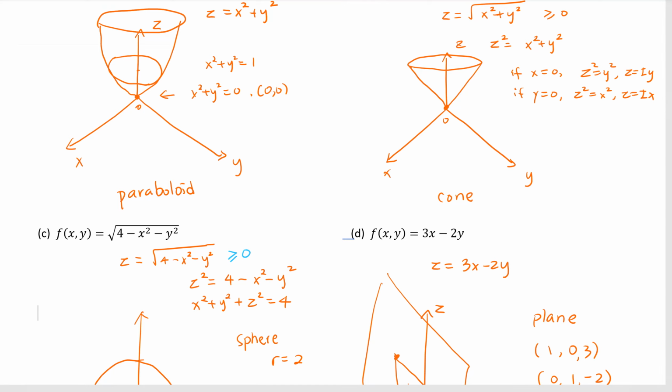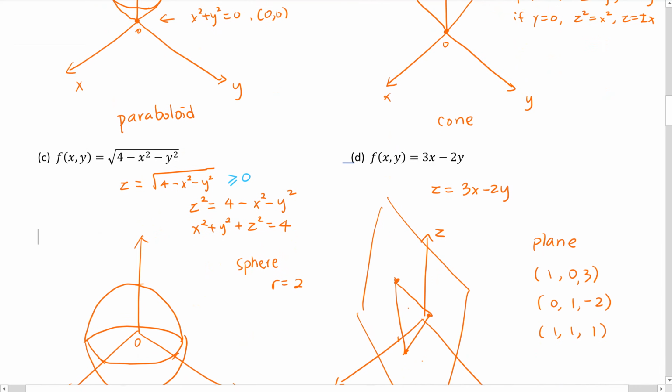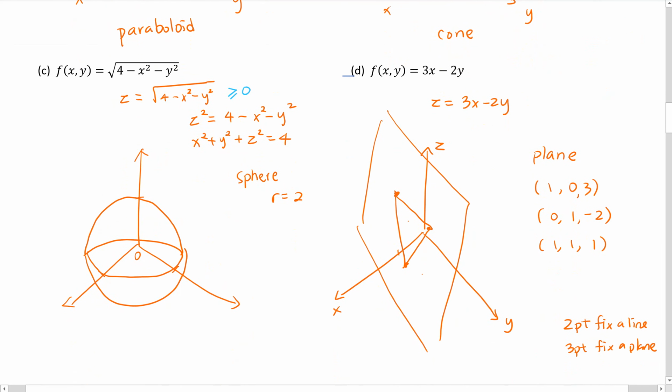Okay. So I recommend when you see a mistake, just draw the upper one. Don't draw the lower one. So the upper sphere, not the whole sphere. So be careful with that.